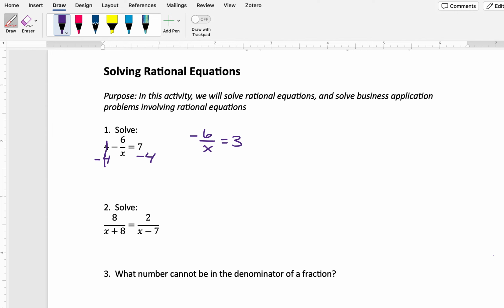To get rid of the denominator here with the x in it, I'm going to multiply both sides of the equation by x. And that's going to give me negative 6 equals 3x. And finally, to get x by itself, divide both sides by 3. And that gives me x equals negative 2.